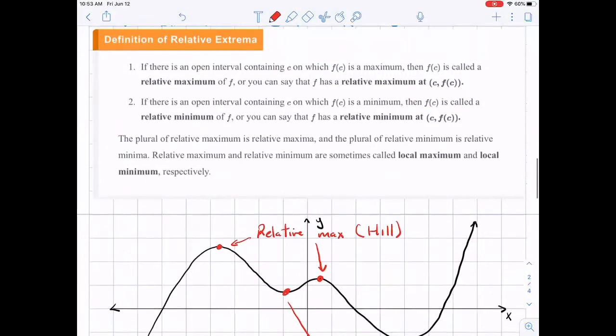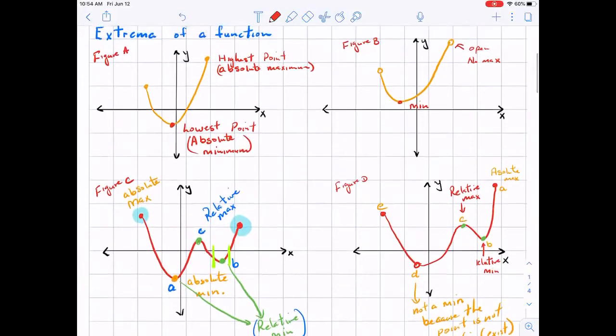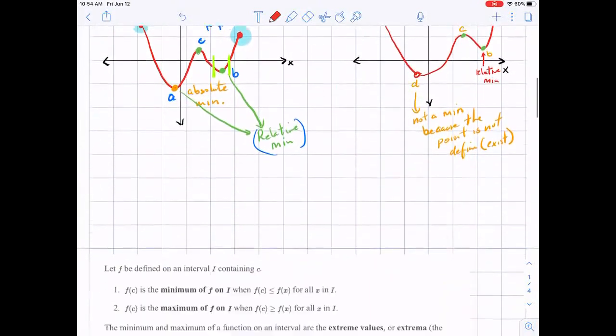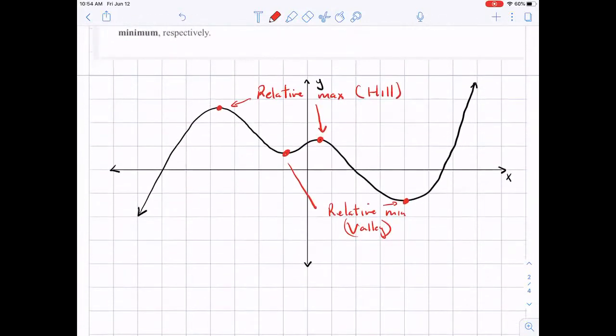Okay, and here we have the definition of the extremas. Remember, extrema just tells where there is some high point or low point on the graph. And we have seen from the first series of graphs, we talk about absolute min, absolute max, and then I introduced to you relatives. So it is very important to understand that when you speak of relative, the relative point means that there are some surrounding points.